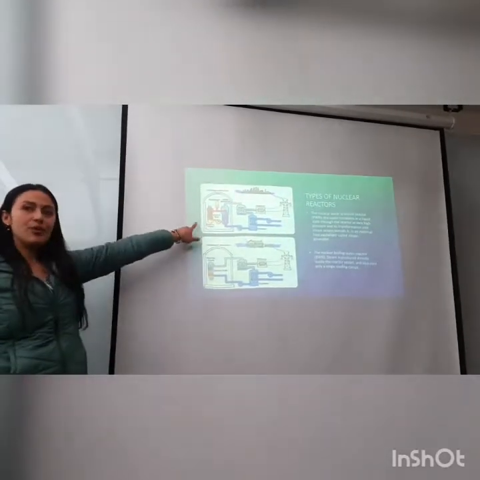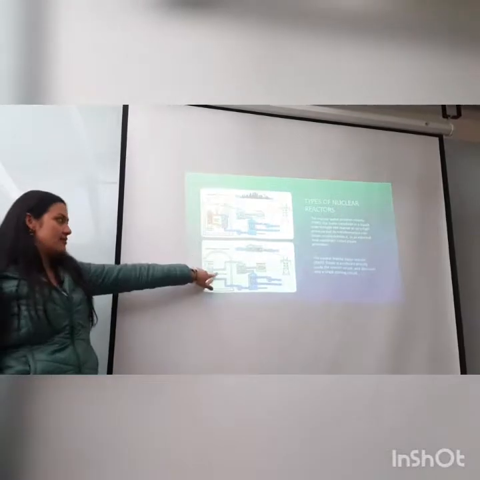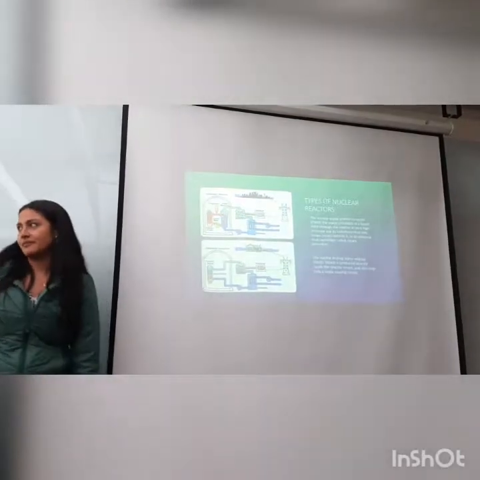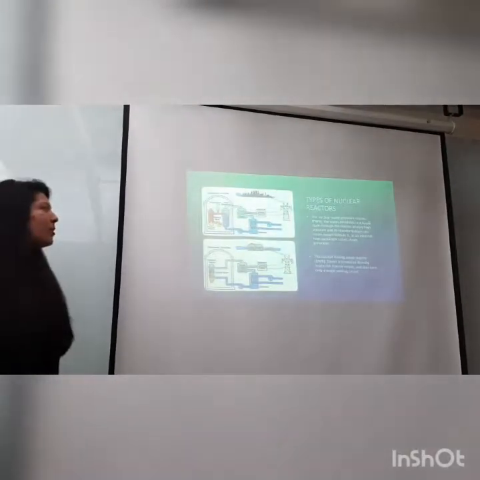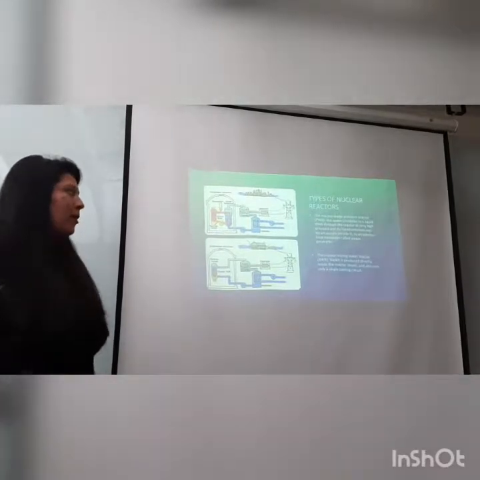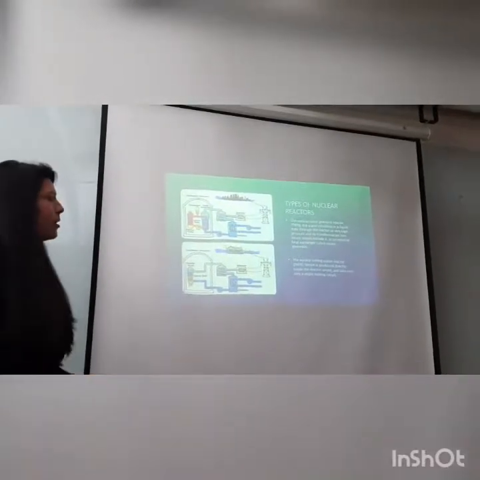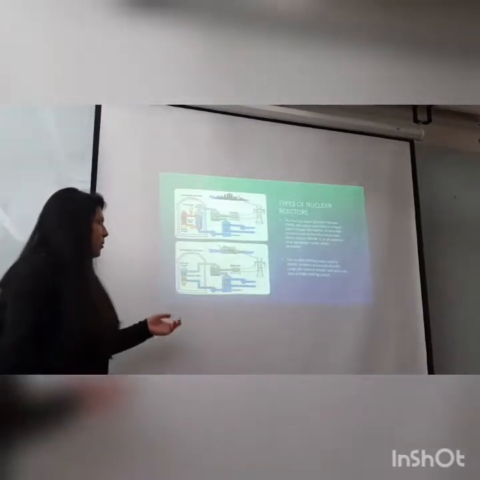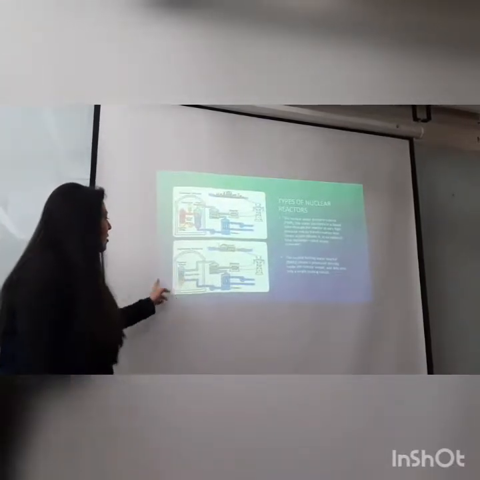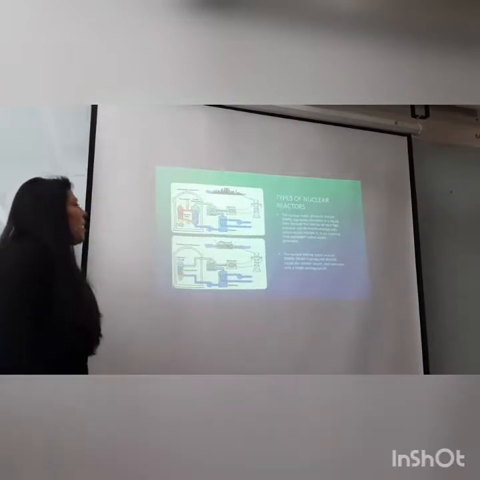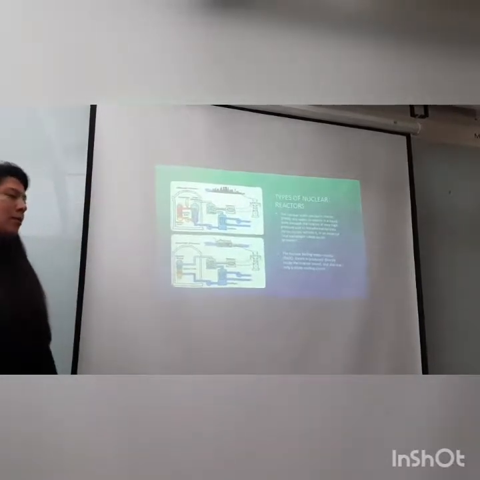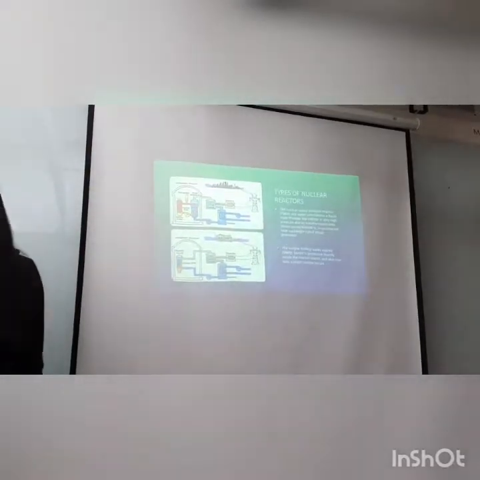This reactor produces more energy than the BWR. And the second reactor is the boiling water reactor, BWR. Unlike the previous reactor, the steam is produced directly inside of the reactor vessel, and it also uses only a single cooling circuit.